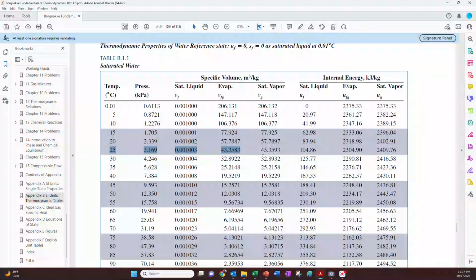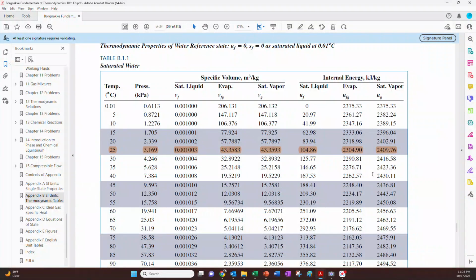At 25 degrees, for one thing, the pressure, Psat, is 3.169. It's very small. It's getting near a perfect vacuum. If you take a look at the volume, it's going to be a very, very small volume because of the VF. You can take a look.